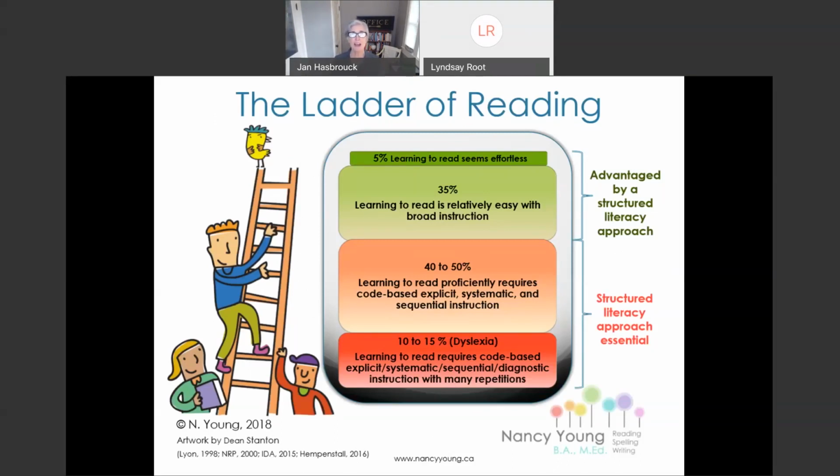I mean, these are the children, you may have a child like this, you were maybe a child like this, somewhere around 3 or 4 years old, they just pick up books and start reading. And it's just kind of mind-boggling. The researchers call these precocious readers. Fascinating little brains that these kids have. The next group, in sort of light green, 35% approximately, of course, all these numbers are approximate.